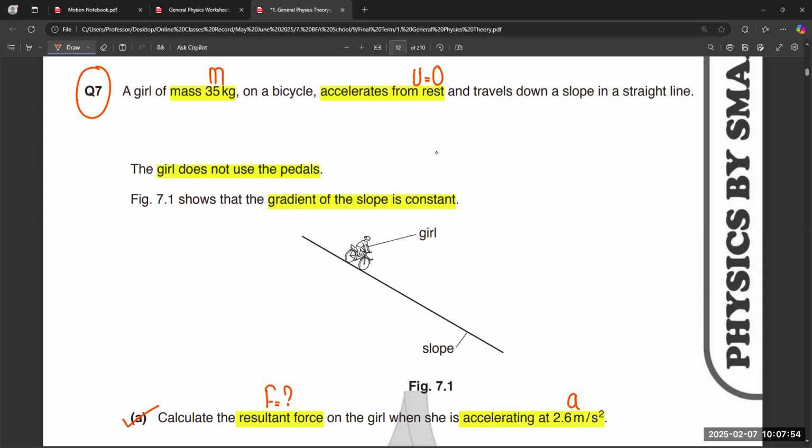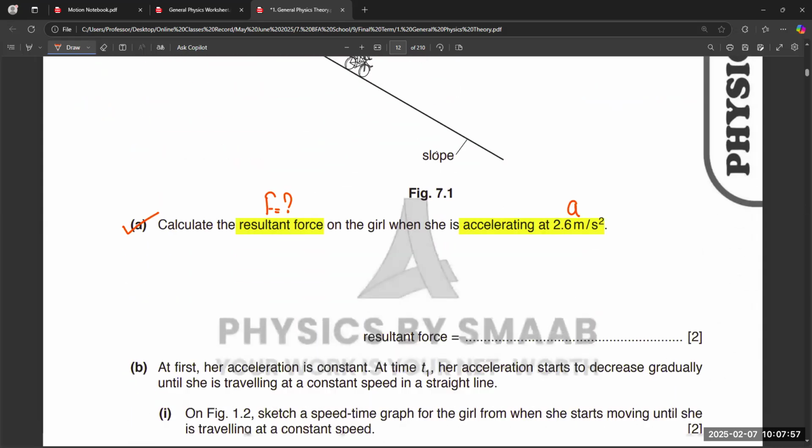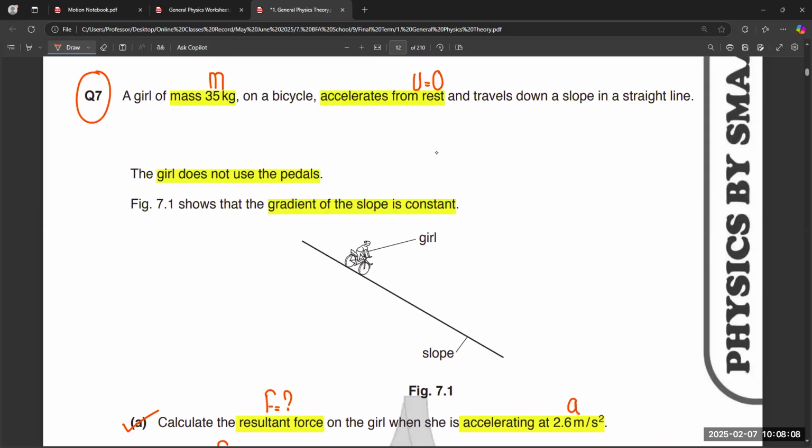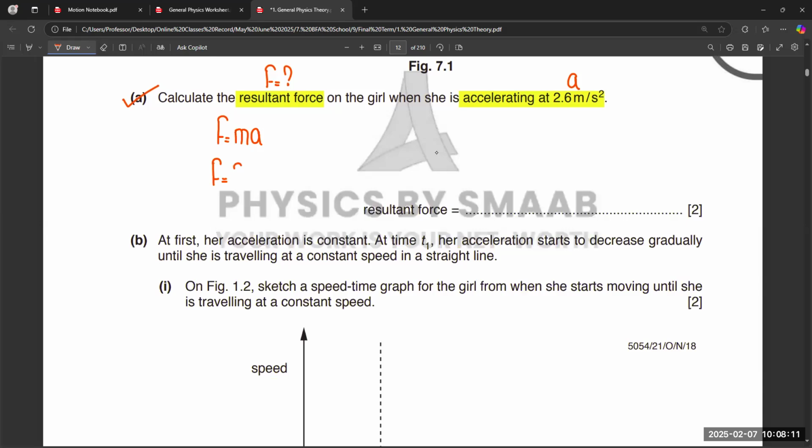So we need to apply the formula F equals ma. Mass is 35 kg. Acceleration is 2.6. So 91 Newton is the force.